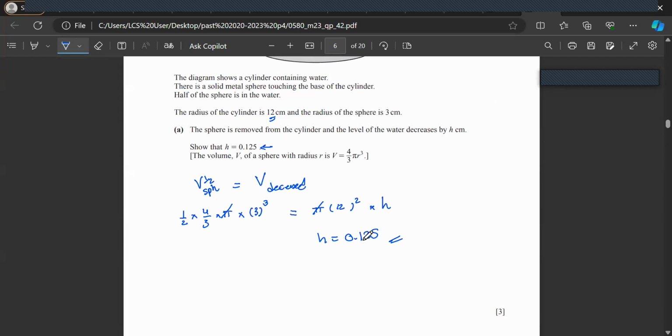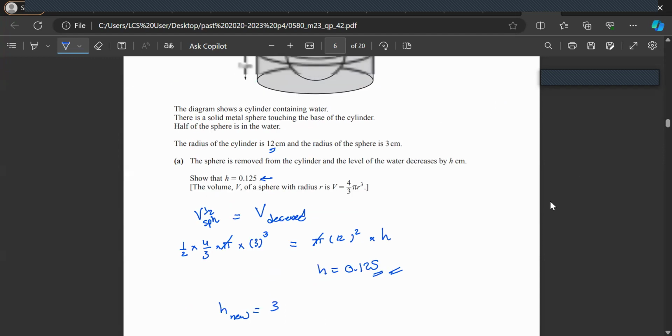If the height decreased by 0.125, what is the new height? It was only 3. So 3 minus 0.125 equals 2.875. Okay, till here the question is done.